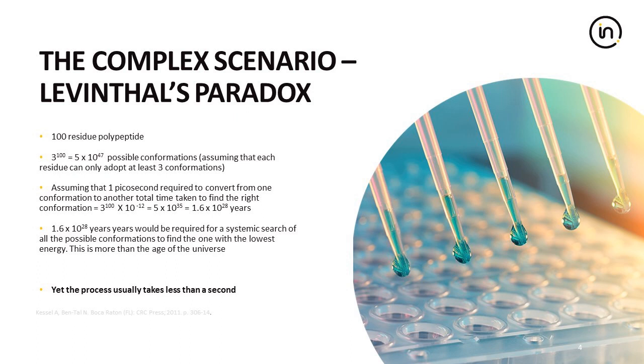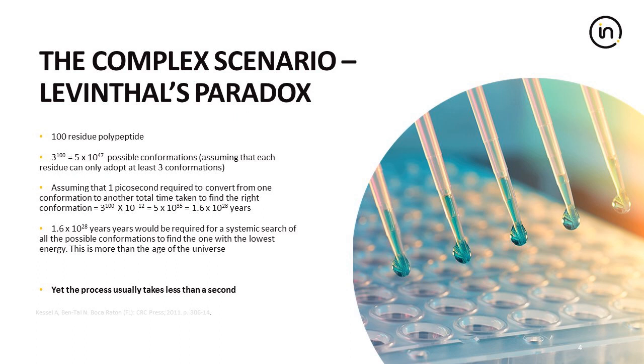If we consider a very small, basic 100 residue polypeptide, and we assume that each residue can adopt only 3 conformations, and I mean there can be a lot more, but assuming only 3, there are 5 times 10^47 possible conformations.